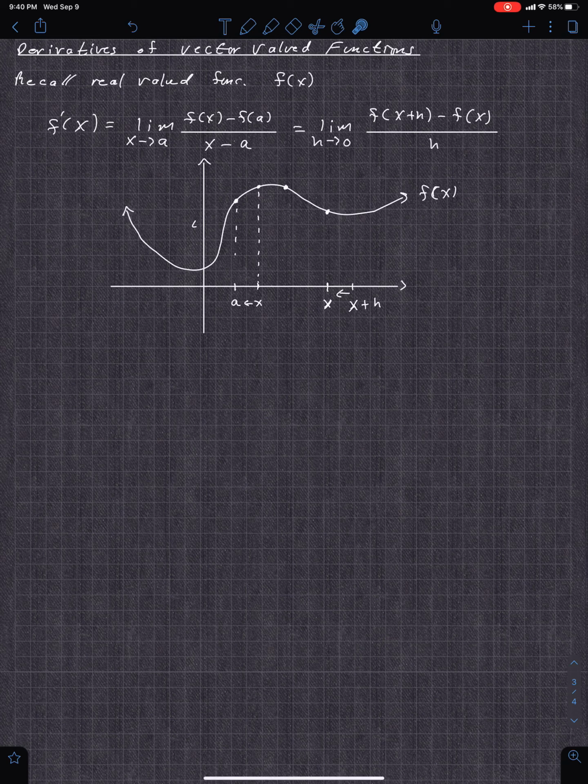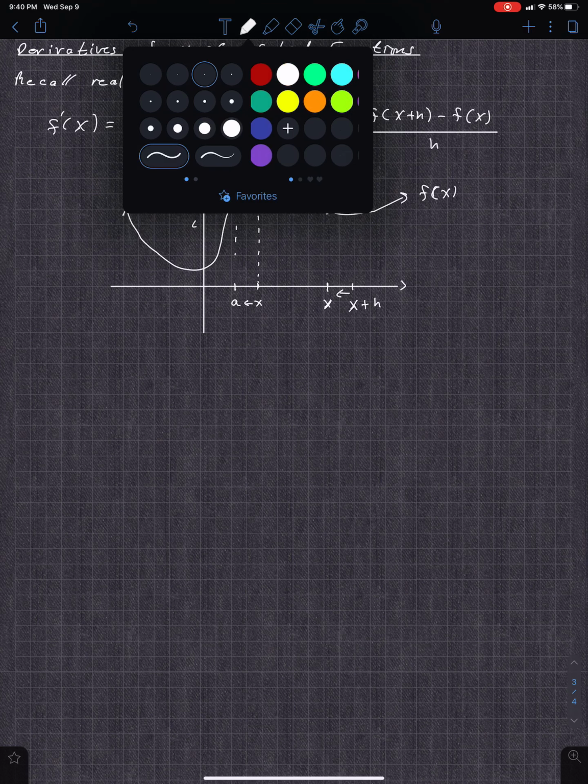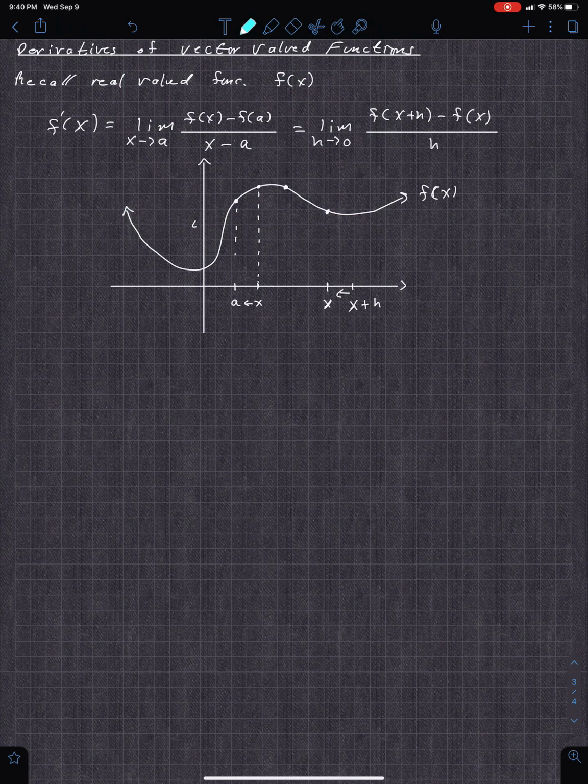So what you do is that's the definition of essentially the slope of the tangent line, right? So it's the slope of the secant line, and then as you take the limit, it becomes the tangent line.